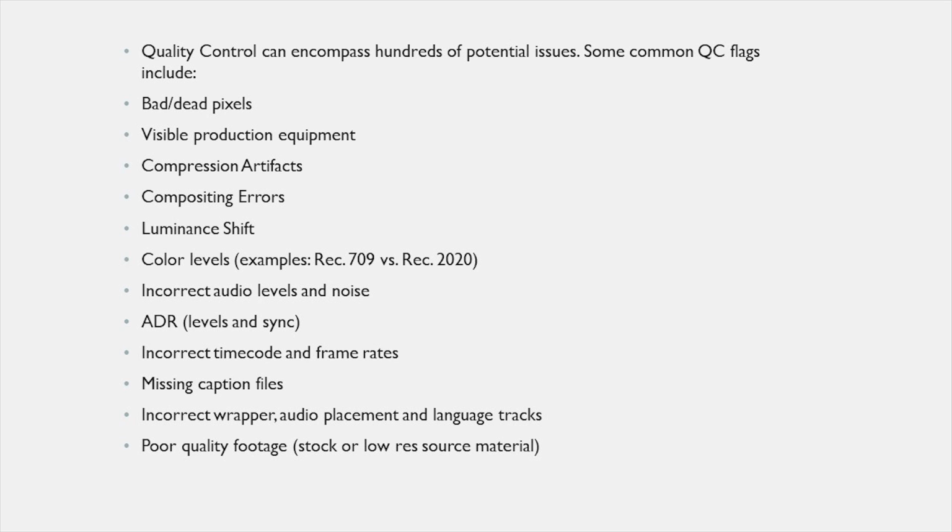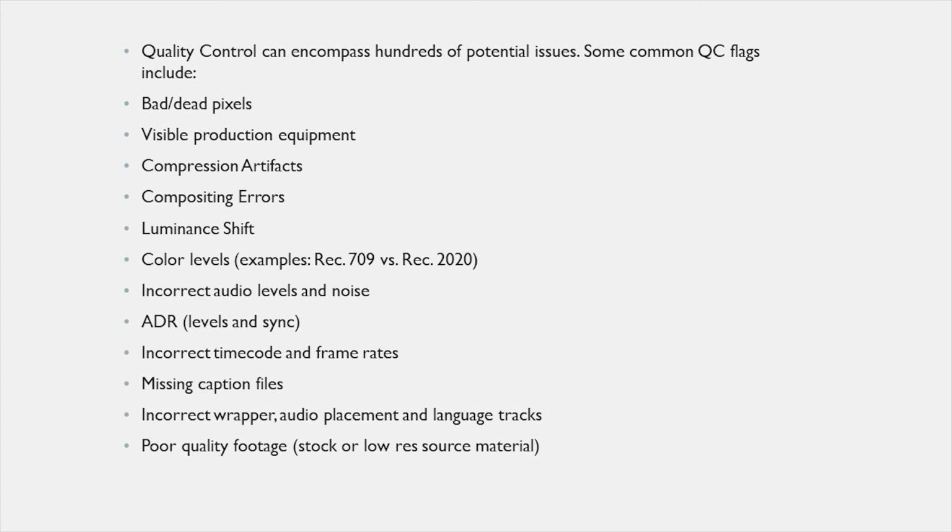Some common QC flags include bad or dead pixels, visible production equipment, compression artifacts, compositing errors, luminance shift, color levels, for example Rec. 709 or Rec. 2020.